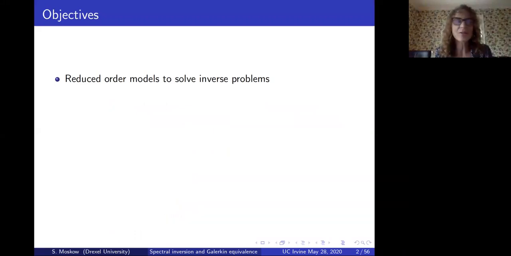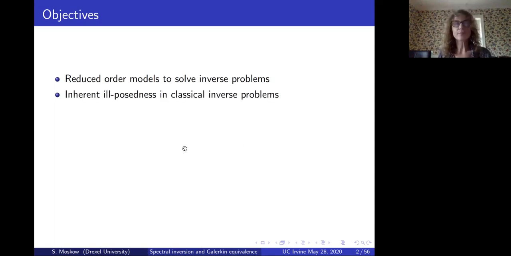One main goal is to use reduced order models to solve inverse problems. And basically, as everybody here in this seminar knows, there's an inherent ill-posedness in most classical inverse problems.